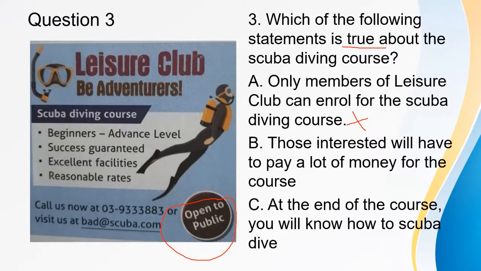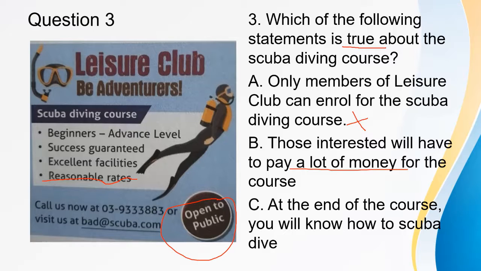Those interested will have to pay a lot of money. Here the keyword is a lot of money. Are you sure? From the advertisement, you see nothing about a lot of money. You look at this one: reasonable rates.